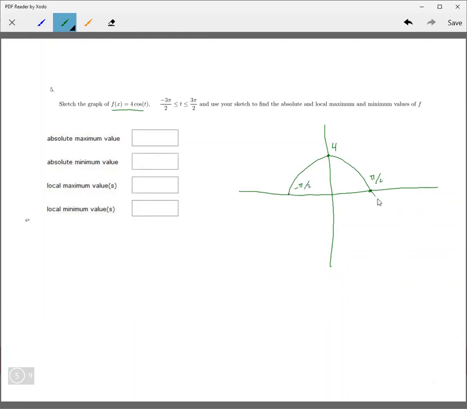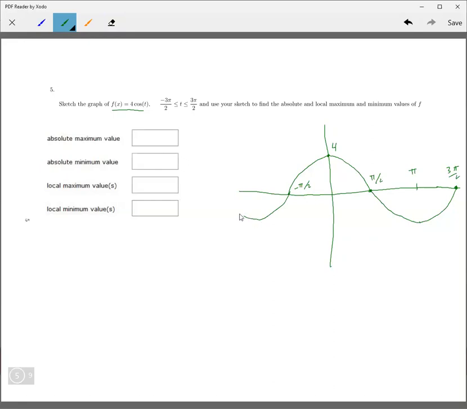Then it goes down to negative 4 when it hits pi. And it goes back to 0. It says we're only going to go to 3 pi over 2, so let's just have it stop right there.